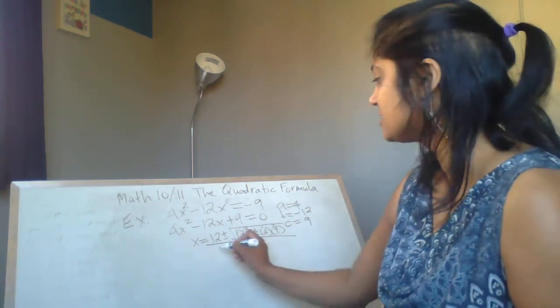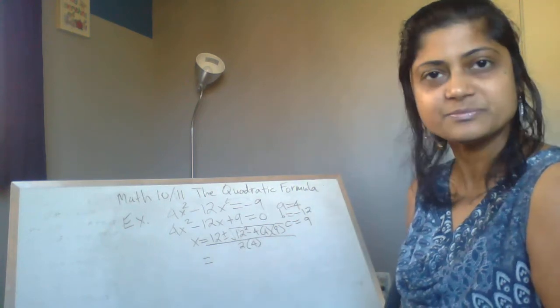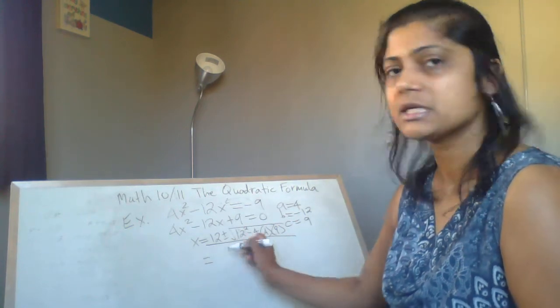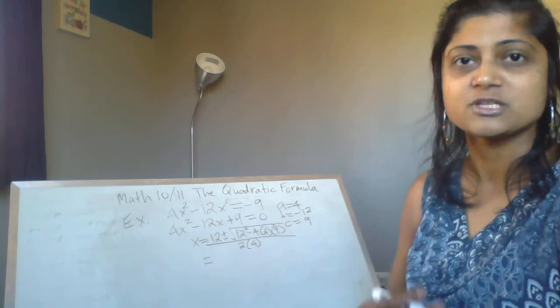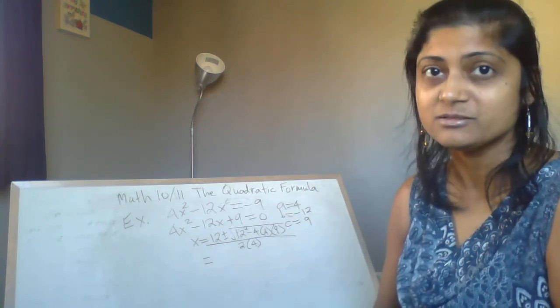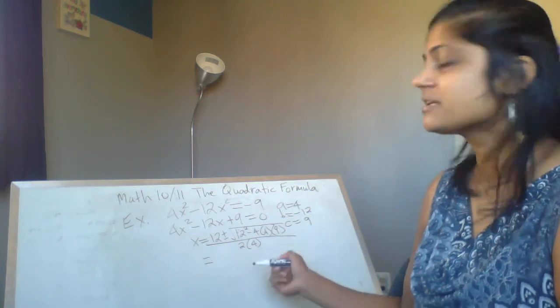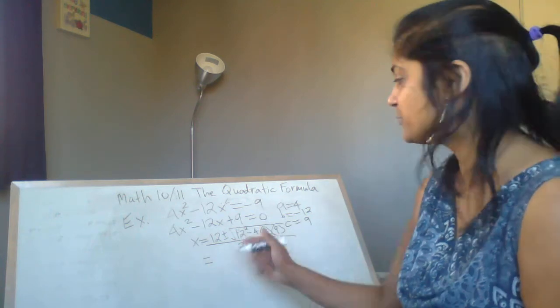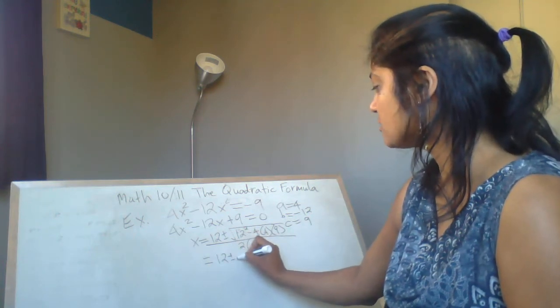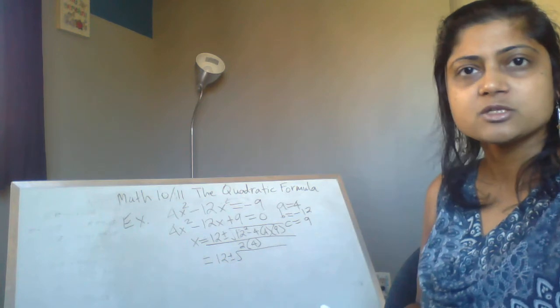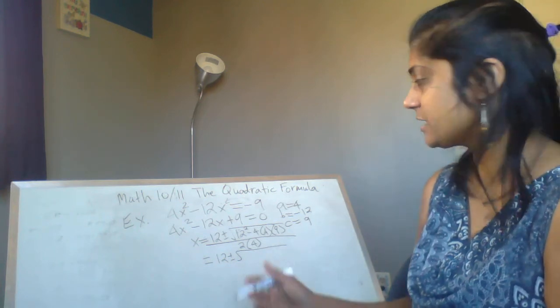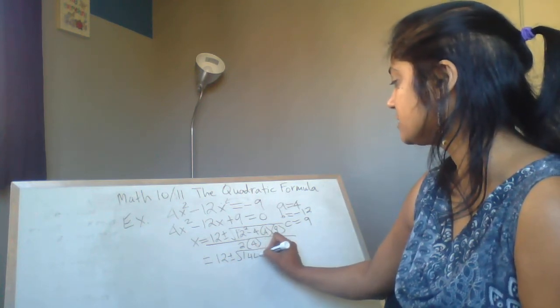So let's put one step here. Once you get really good at using the quadratic formula, which you will with a lot of practice, I can skip some of the steps in between here. So I'm going to write just one step here. Let's do what's underneath the square root sign.